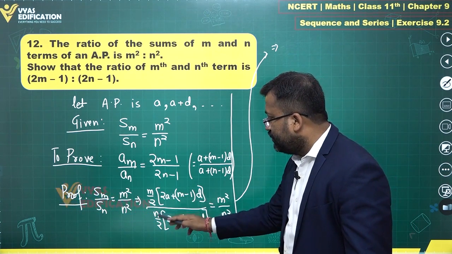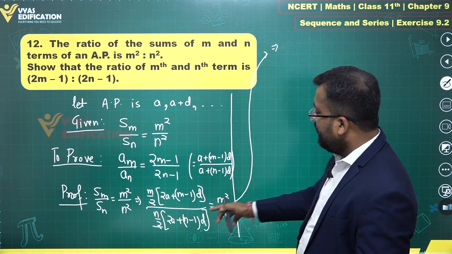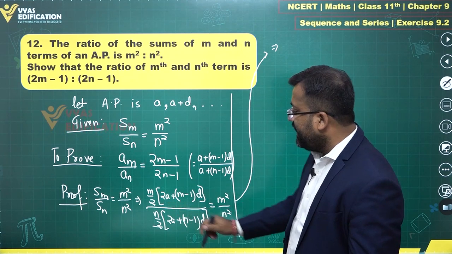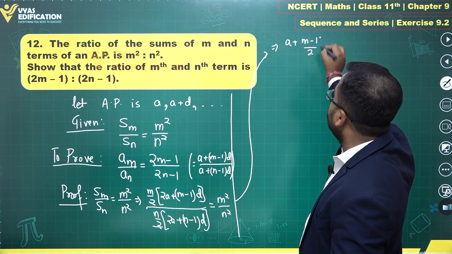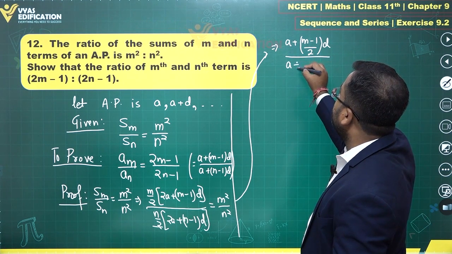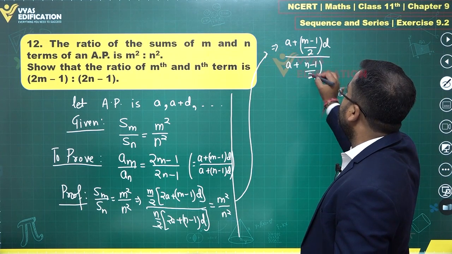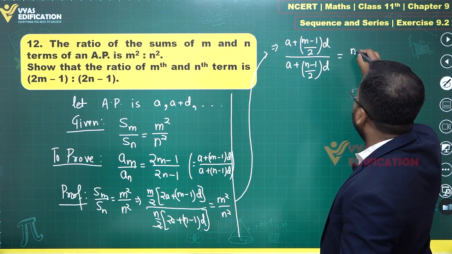M by 2, so 2 and 2 get cancelled. M from m square, n from n square will get cancelled. And you divide with 2, you get (a plus (m minus 1)/2 d) upon (a plus (n minus 1)/2 d), which is equal to m upon n over here.